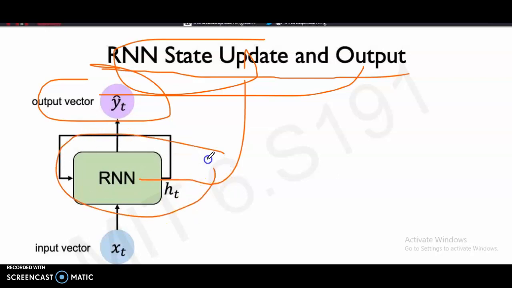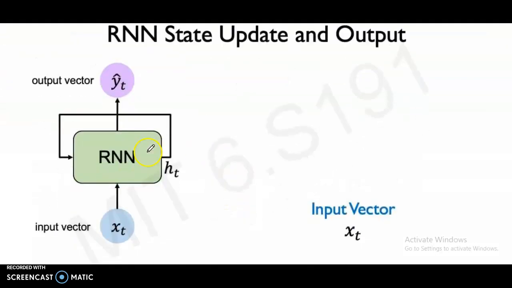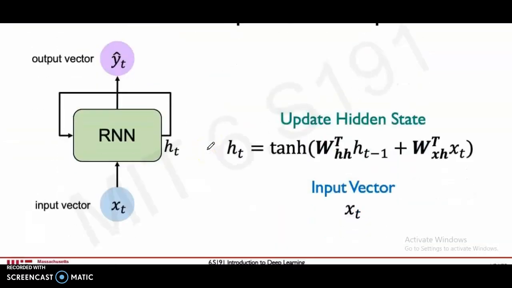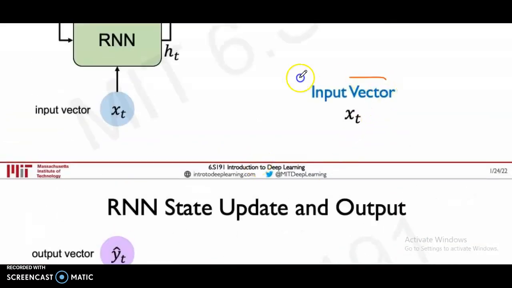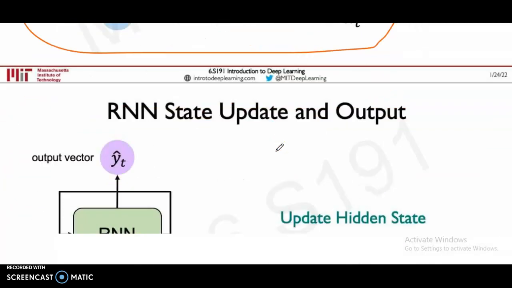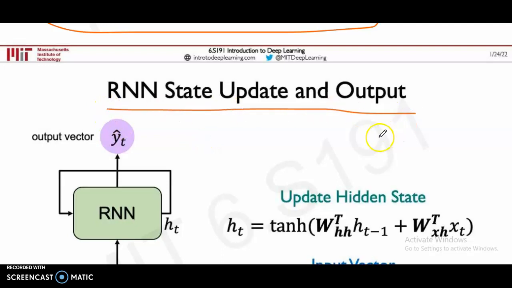This is the input vector. RNN state update and output.